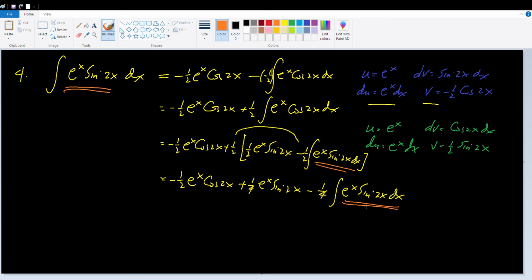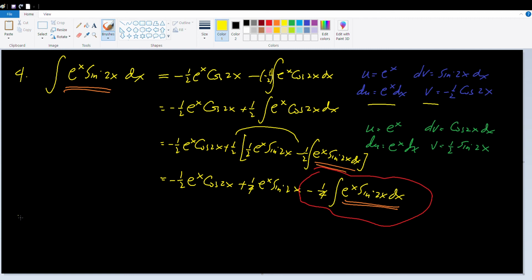All right. So what we are going to do is transpose this entire term of negative 1/4 integral of e to the x sine 2x to the left side. And what do we get?